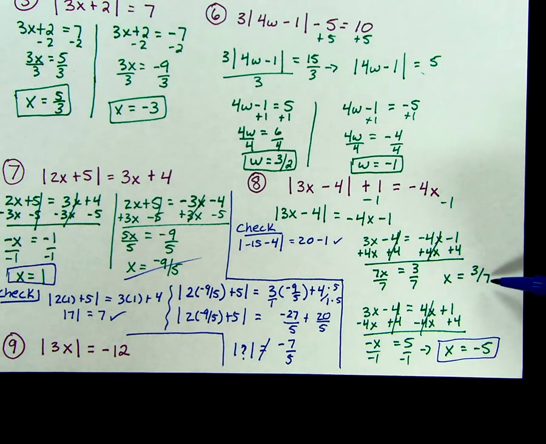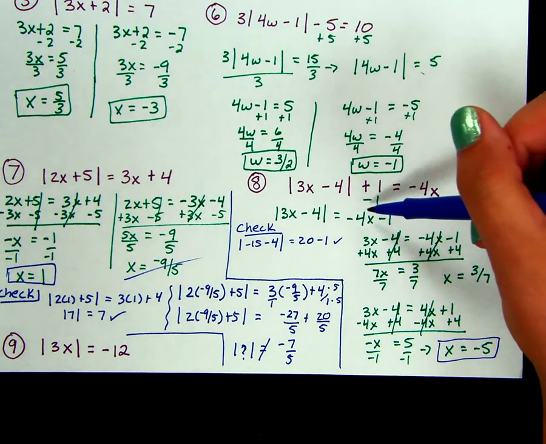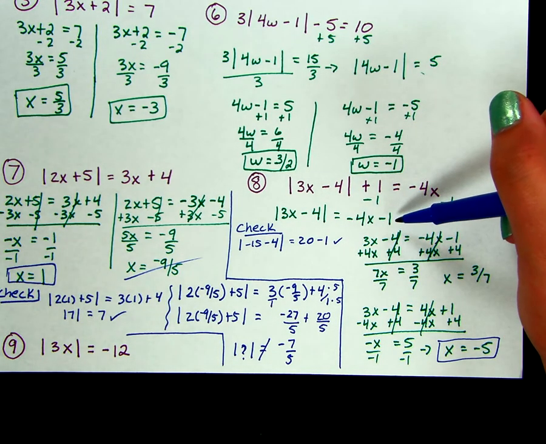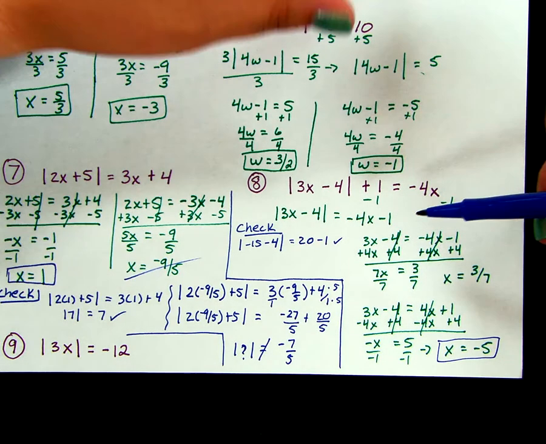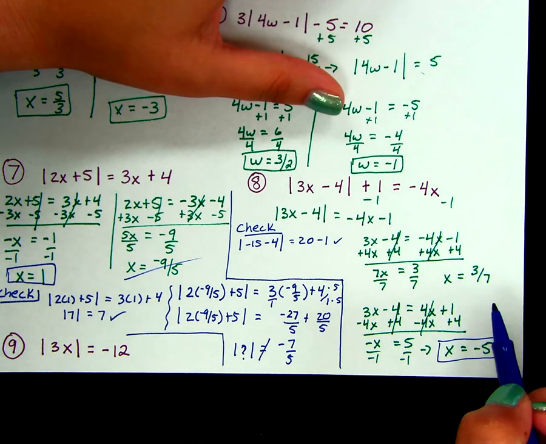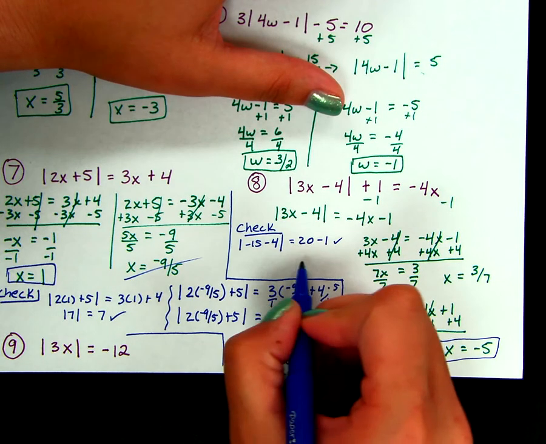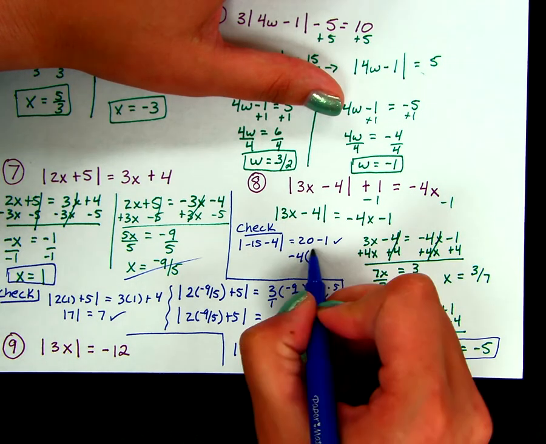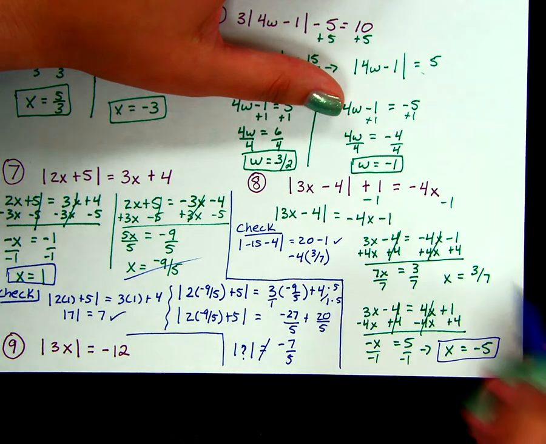So now we have to check the 3/7. So again, I'm going to actually start on this side of the equation when I check it because I don't think it's going to work out very nicely. So that means that we have to take negative 4 times 3/7, and then we're subtracting 1.